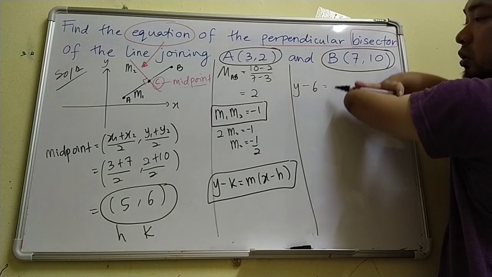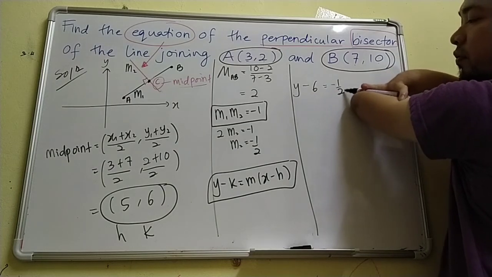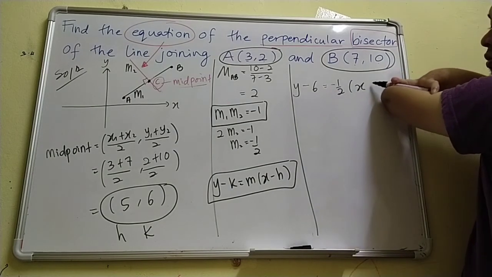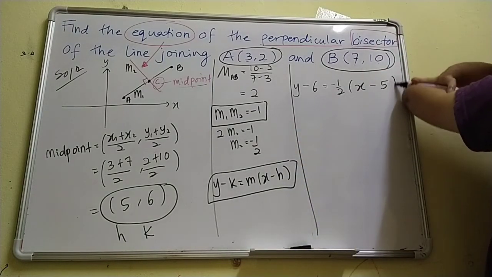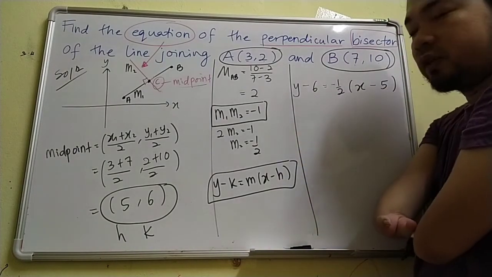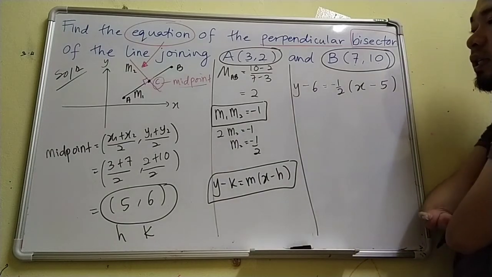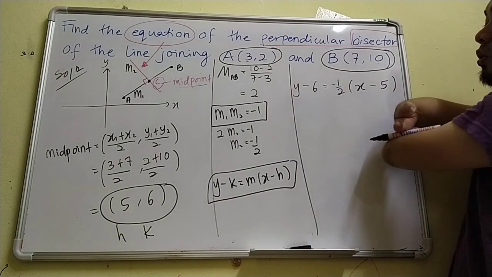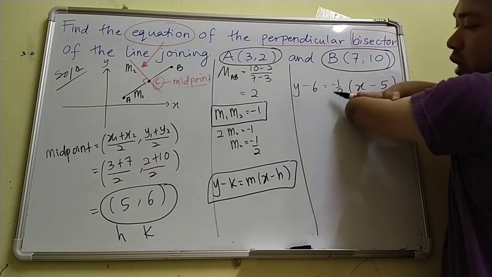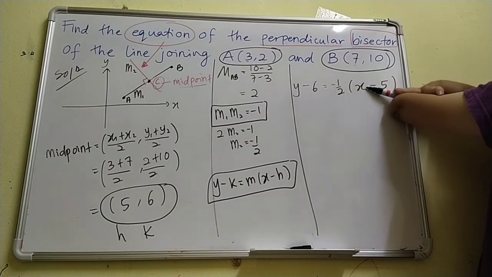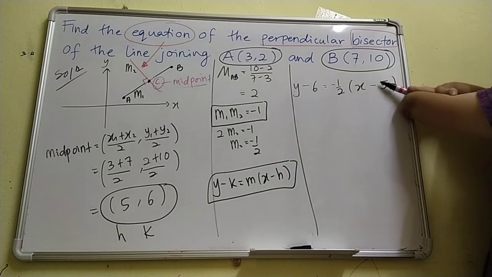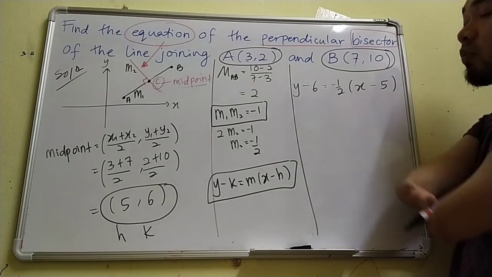So negative half times (x minus 5). Now rearrange, make y the subject. It's up to you how to simplify. Some students expand negative half multiplied by x, negative half multiplied by 5. That's also fine, it's just about the algebra.